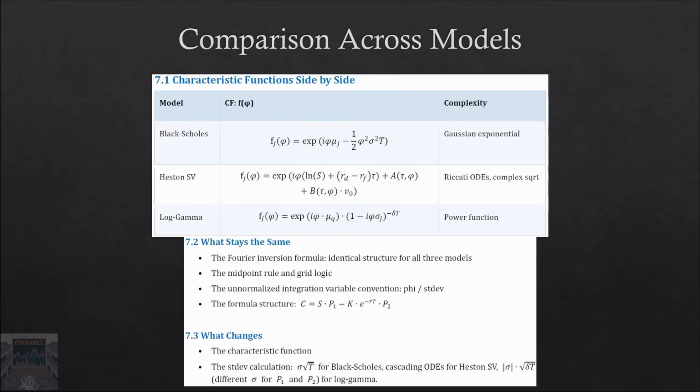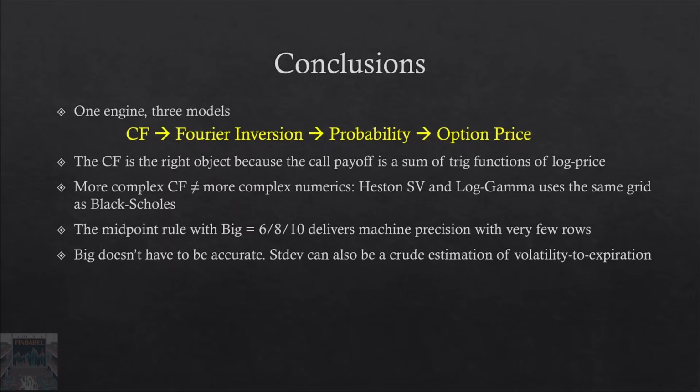Now let's compare everything. Across all three models, the Fourier inversion framework, the numerical integration, and the grid structure all remain the same. What changes is the characteristic function and the assumptions about the distribution. Let's wrap everything up with a few key takeaways. The first idea is this. We're really using one engine across three different models, whether it's Black-Scholes, Heston stochastic volatility, or the log-gamma model.